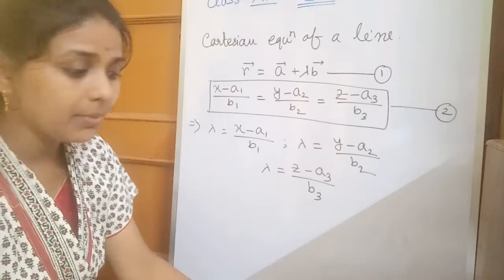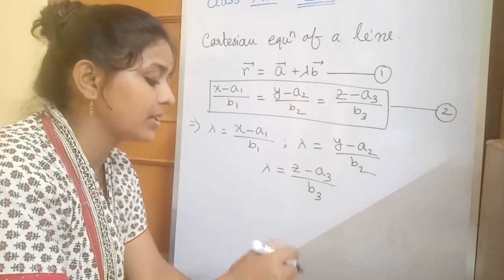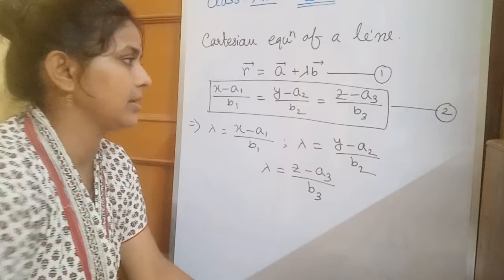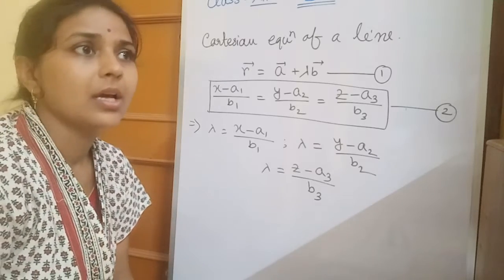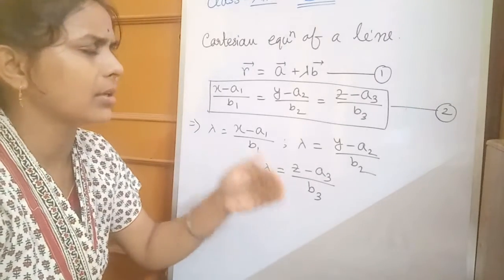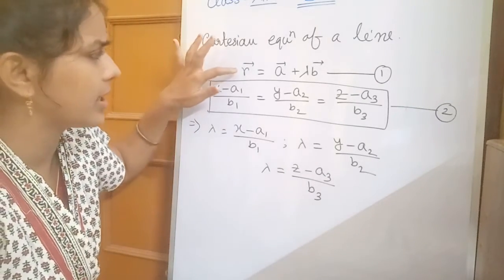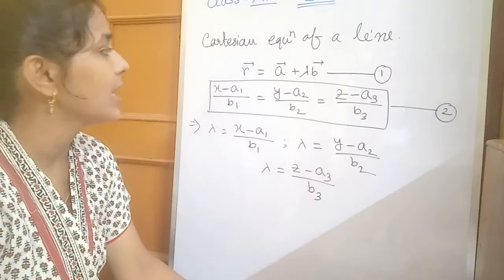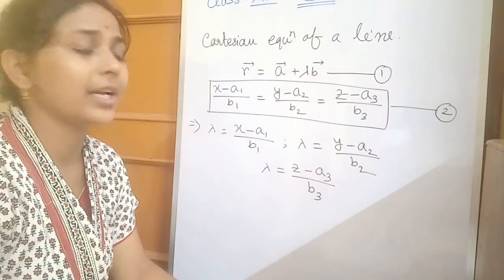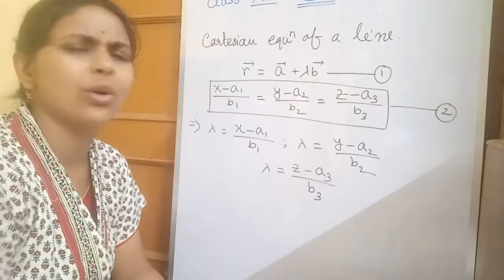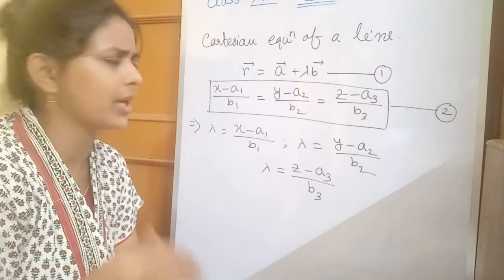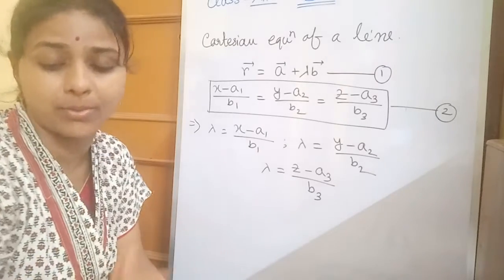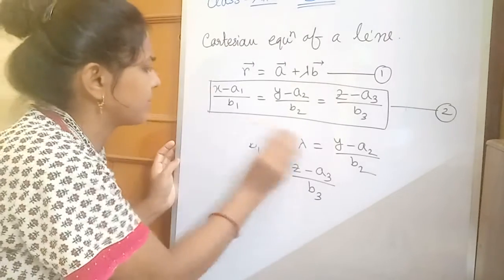Now if the question is given in component form directly, you can use this one or this one, no problem with that. But suppose the position vector is given in normal coordinate form. I am giving you a very simple example.